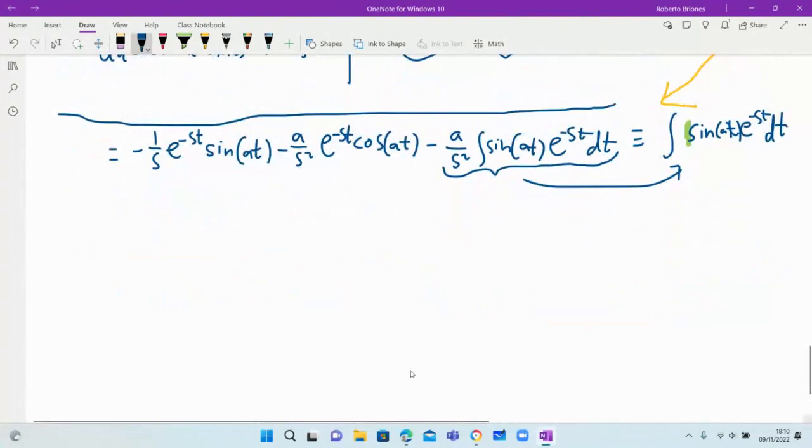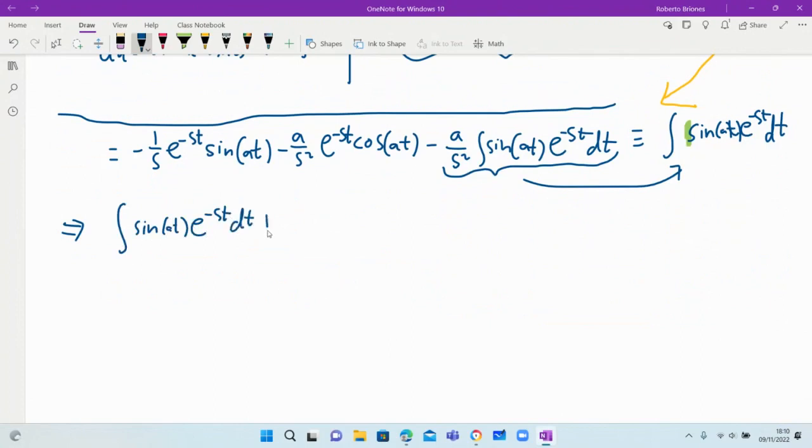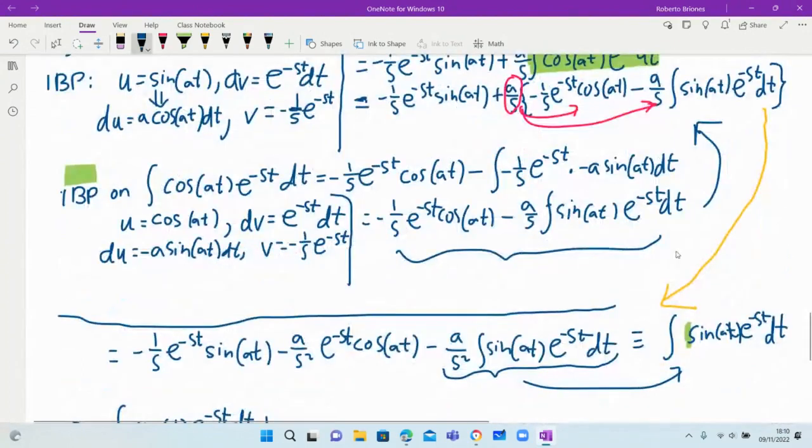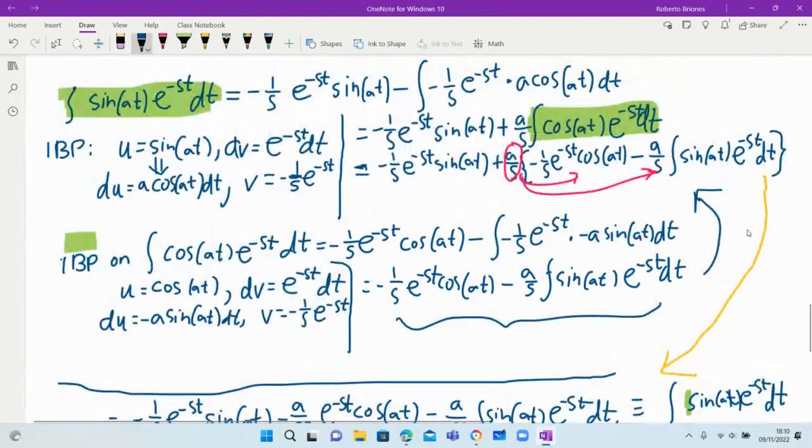So what will happen in the next line is this will imply that the integral of sine of AT e to the negative st dt plus, okay, let's see if everything is good so far.